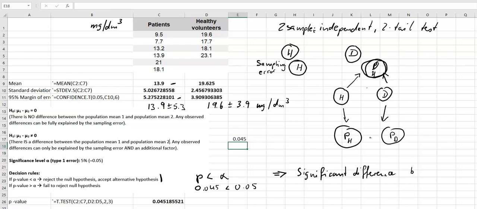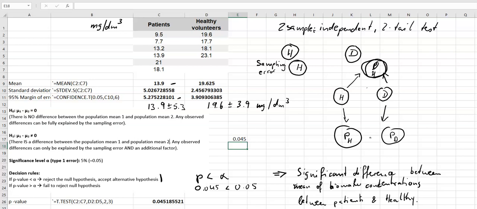between the concentrations, between the mean of biomarker concentrations, between patients and healthy volunteers.